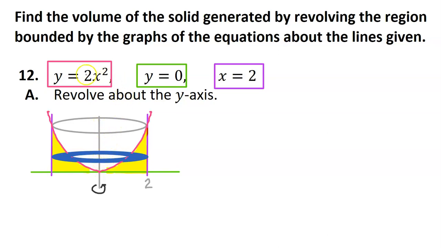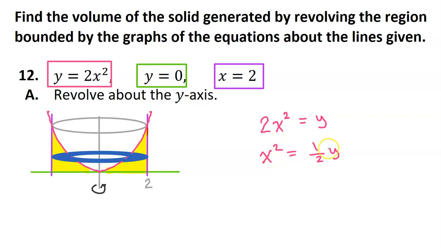For that reason, we need to rewrite this red function with respect to y. To do that, we solve for x. So we can start with 2x squared equals y. Dividing both sides by 2, we have x squared is equal to 1/2 y.